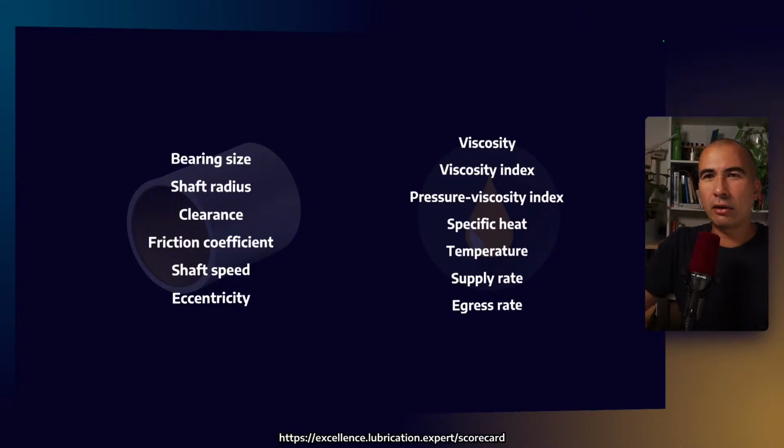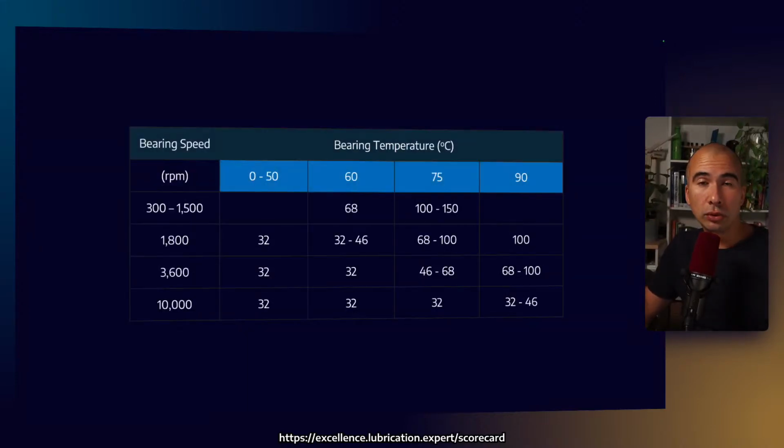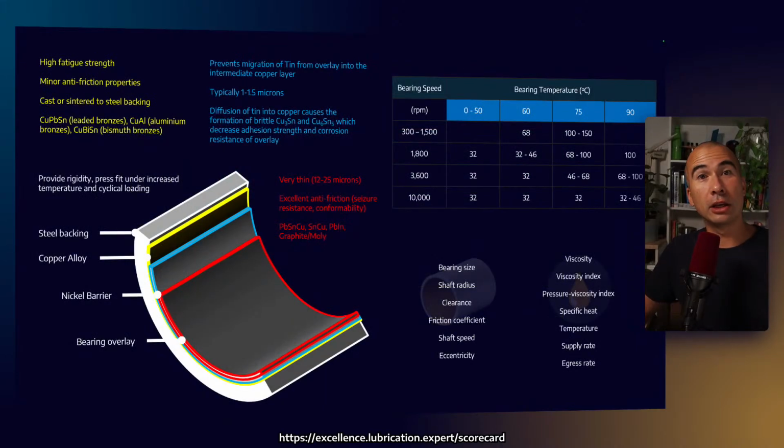Now, all of these calculations are done by the OEMs when they go through the design process, but here are some rules of thumb that we can also use based on bearing speed and bearing temperature. It can give us an idea of the ISO viscosity grade required. Okay. Now, you wouldn't need to know the specifics of that, I don't think, for the exam.